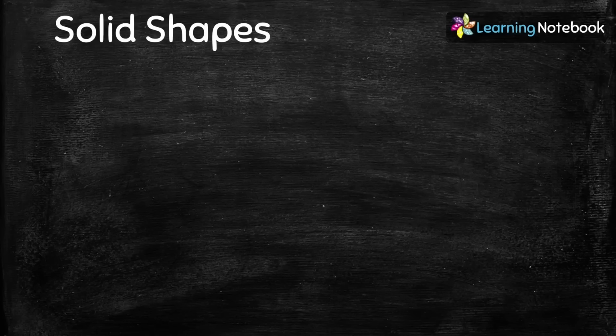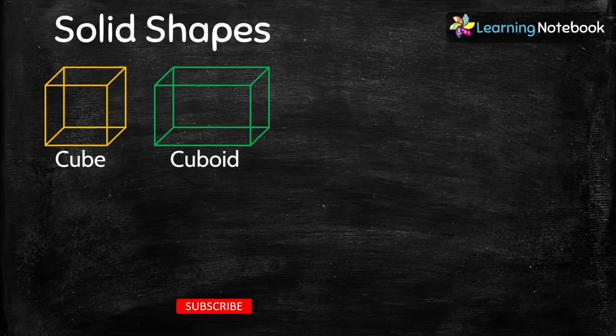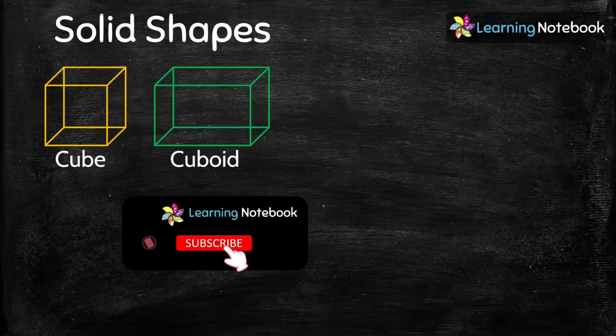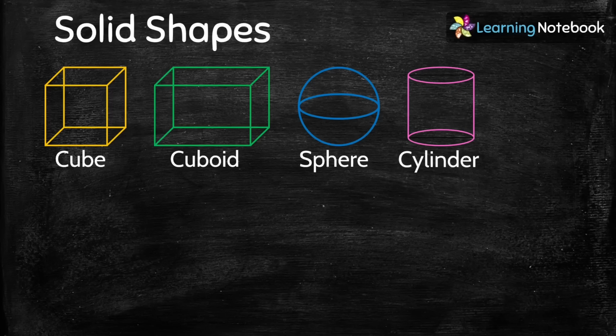Now let's learn about solid shapes. These are cube, cuboid, sphere, cylinder, and the last solid shape is cone.